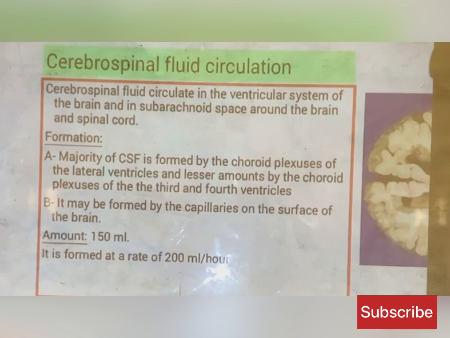Now, for the cerebrospinal fluid circulation in the ventricles, as I told you, the CSF is mainly formed by what we call choroid plexuses in the ventricles. These choroid plexuses are in both the lateral ventricle and the third ventricle, as well as in the fourth ventricle.